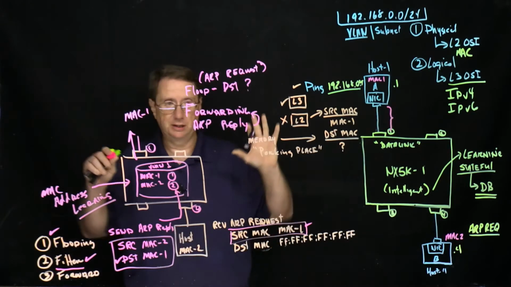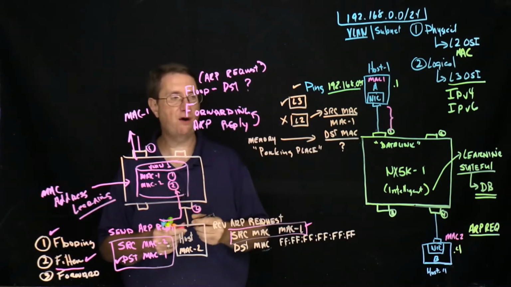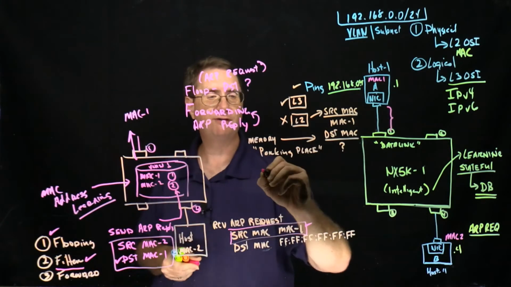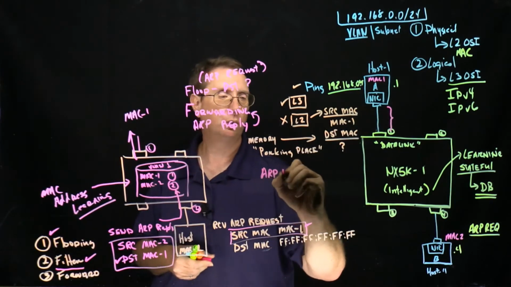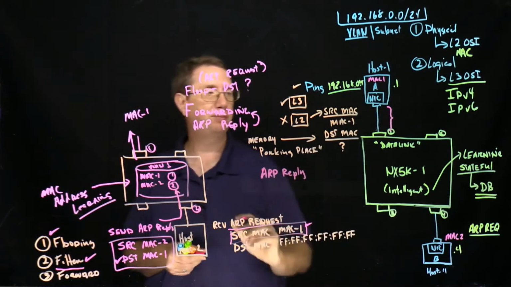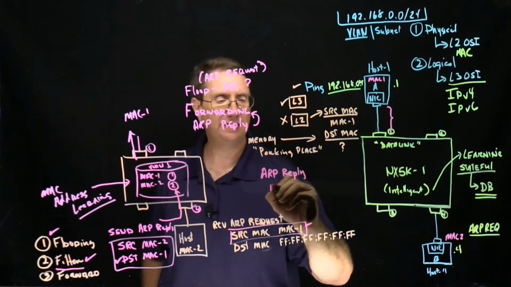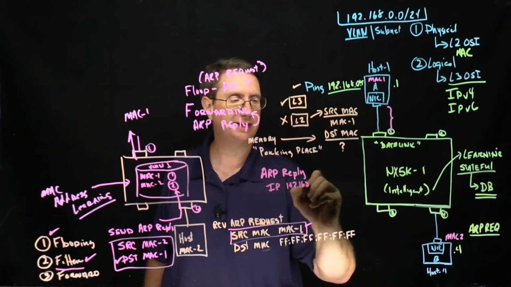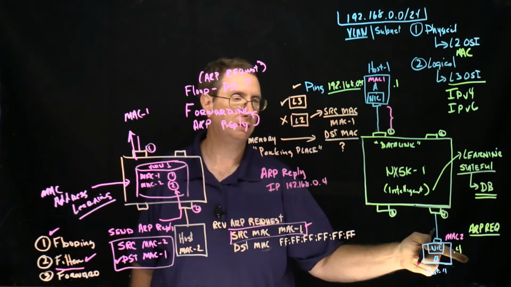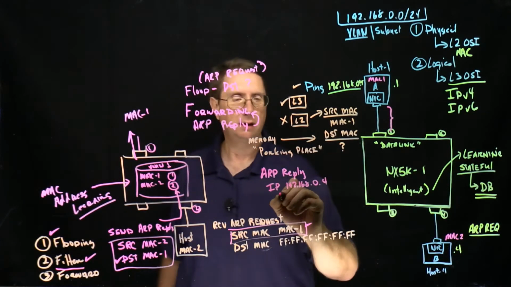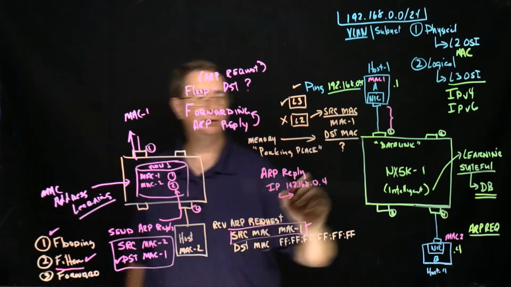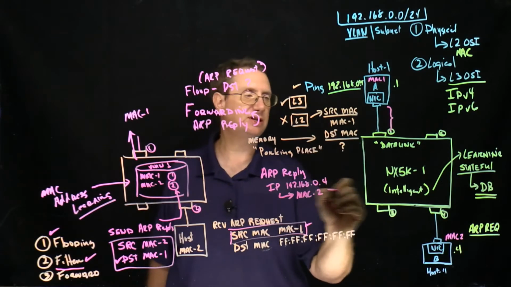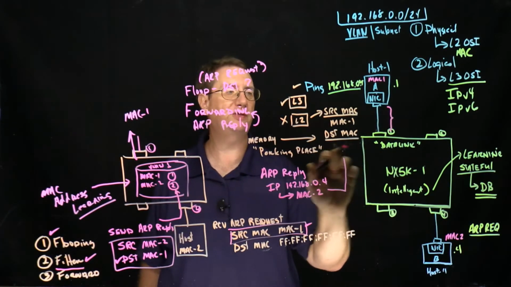So again, this is a pretty big pill to swallow as far as building things out, but ultimately as a result of receiving the ARP reply, the ARP reply says the IP address 192.168.0.4, host 4, is actually attached to MAC address 2, and now the system knows how to put things together.